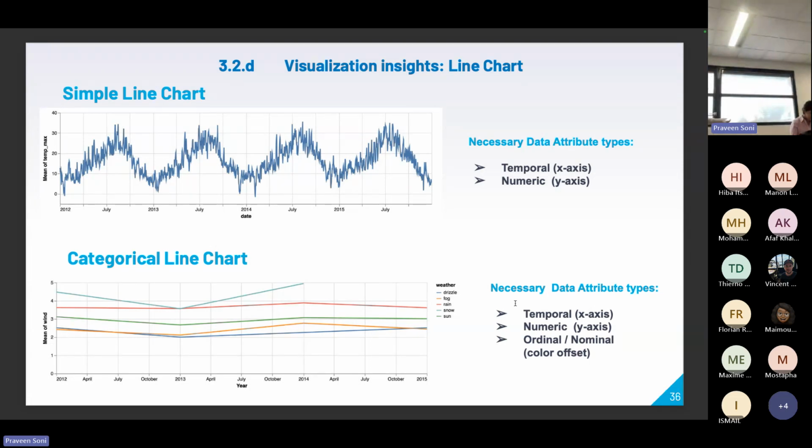But if you want, you can plot anything, because it's fun. But to be more logical, make sense and follow the rules, we should plot the line chart with temporal on the x-axis and numeric on the y-axis. A line chart can also be made with a third attribute. What can the third one be?